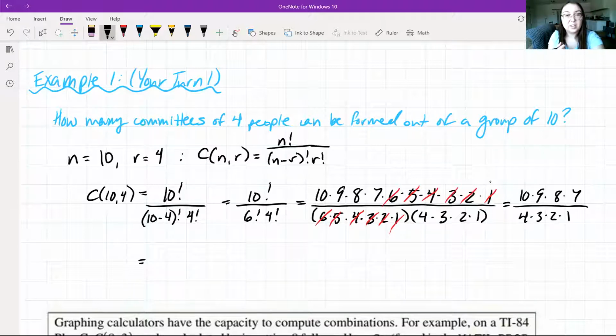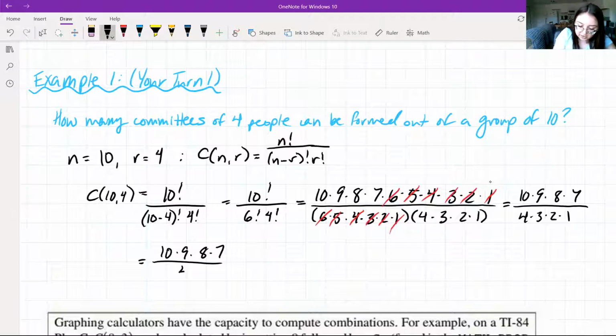Now we can write this again, and what we end up saying is 10 times 9 times 8 times 7 divided by 4 factorial, because we didn't cancel out a single value of our 4 factorial. So we could have just left this value as 4 factorial. We could have left it in this form the entire time.